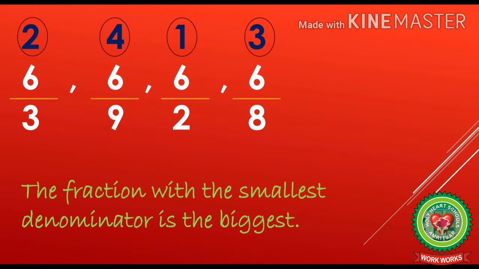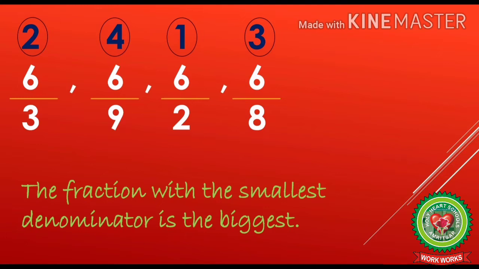That is 6 upon 2. 2 is the smallest denominator. That means 6 upon 2 is the first one in the descending order. Now, after 2, which one has the smallest denominator? Among 3, 9, 8, that is 3. That means the fraction 6 upon 3 is the next one in the order. Now, among 9 and 8, which is the smallest denominator?